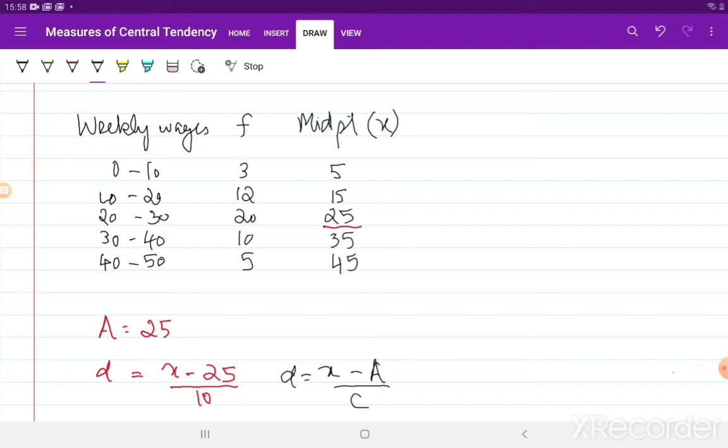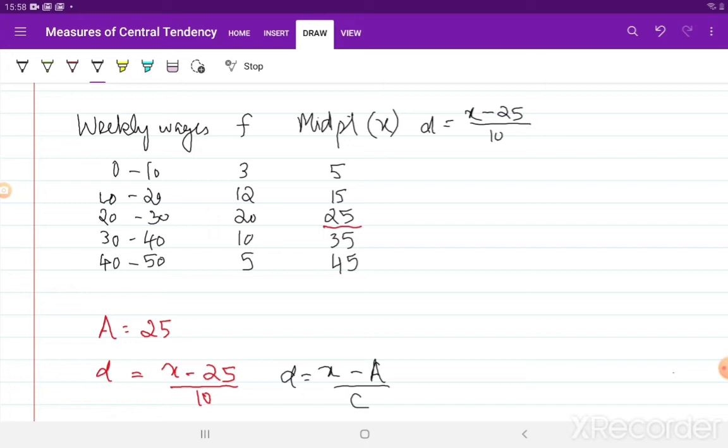So the class size here is 10. So over here x minus 25, which I've assumed to be my mean, divided by the class size is 10. If you don't know what your class size is, just do upper limit minus lower limit. Okay, you will get the size. So here it is 10.